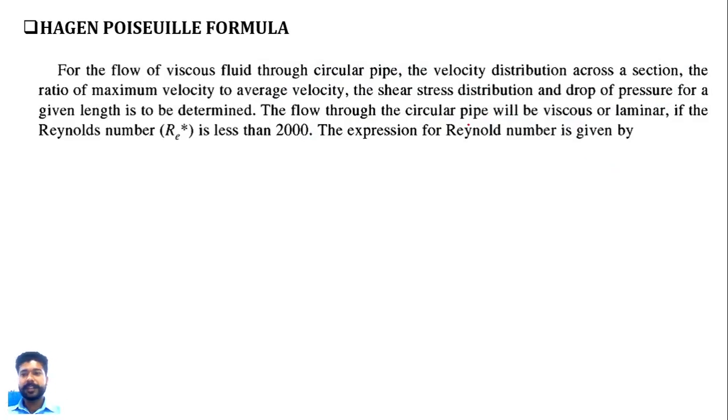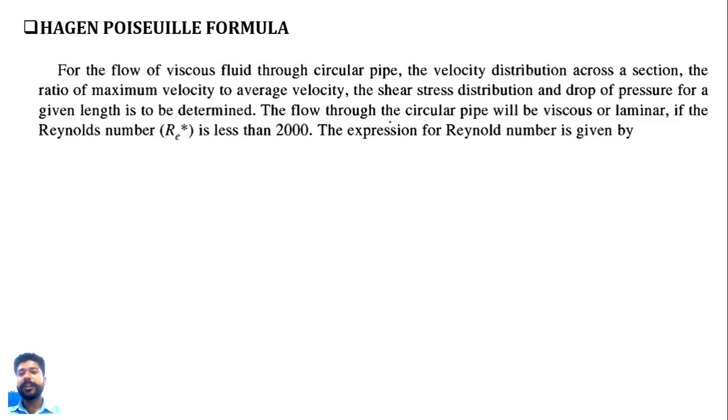From the start of the session, we have some previous formulas that are based on the Reynolds number. In our previous session we covered Reynolds experiment. As the output of that experiment, we have laminar flow, transitional flow, and turbulent flow.